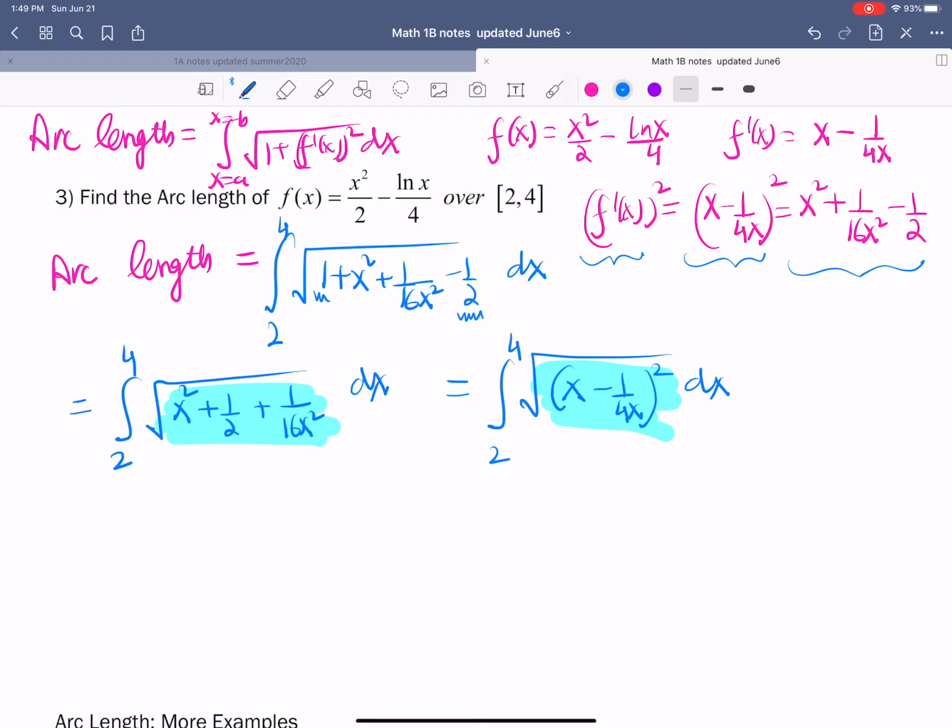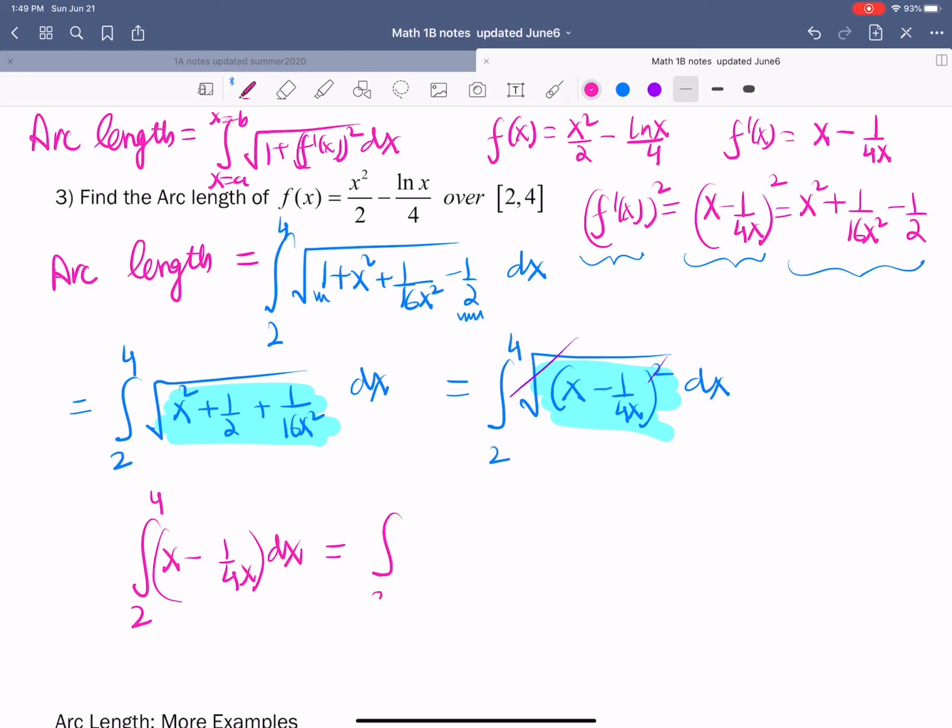All right, so now square root and square can be cancelled, so we can get rid of the square root and the square, and all we are left with from 2 to 4, x minus 1/(4x) dx, which when we do the integration, let me do one more step before we get there.